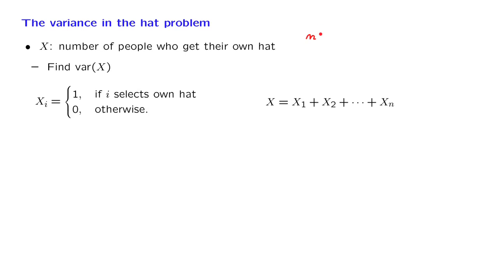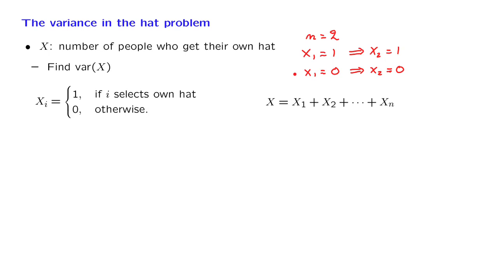Suppose that we only have two persons, and that I tell you that the first person got their own hat back. In that case, the second person must have also gotten their own hat back. If, on the other hand, person 1 did not get their own hat back, then person 2 will not get their own hat back either.